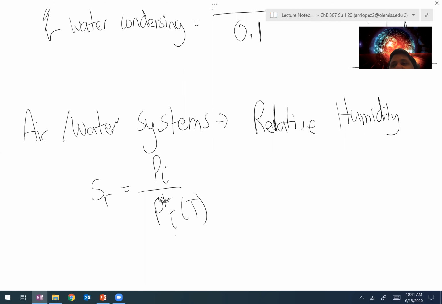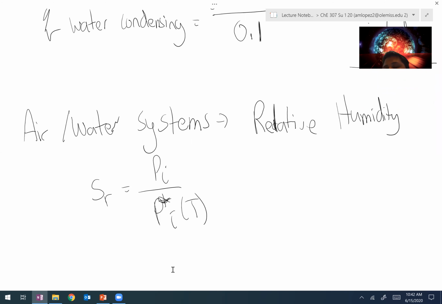Which is kind of a way of saying, at least I like to think about it, based on the amount of water in the air versus the maximum amount of water the air can hold at that temperature, right? Because the higher the temperature, the greater the capacity, or the higher the vapor pressure that the water can exert, and so more water will exist in the gas phase. As it cools, the vapor pressure falls, and so the saturation pressure goes lower and lower.